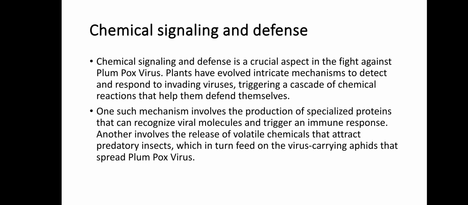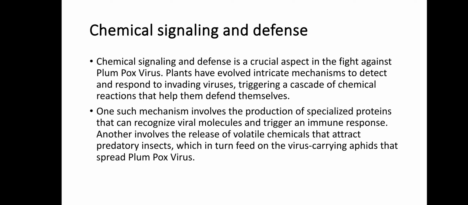Chemical signaling and defense. Chemical signaling and defense is a crucial aspect in the fight against Plum pox virus. Plants have evolved intricate mechanisms to detect and respond to invading viruses, triggering a cascade of chemical reactions that can help them defend themselves.